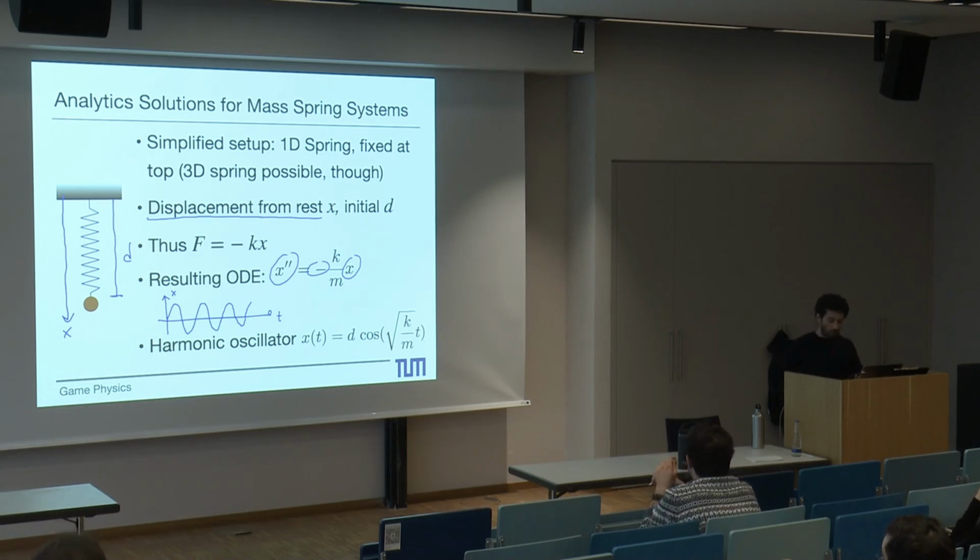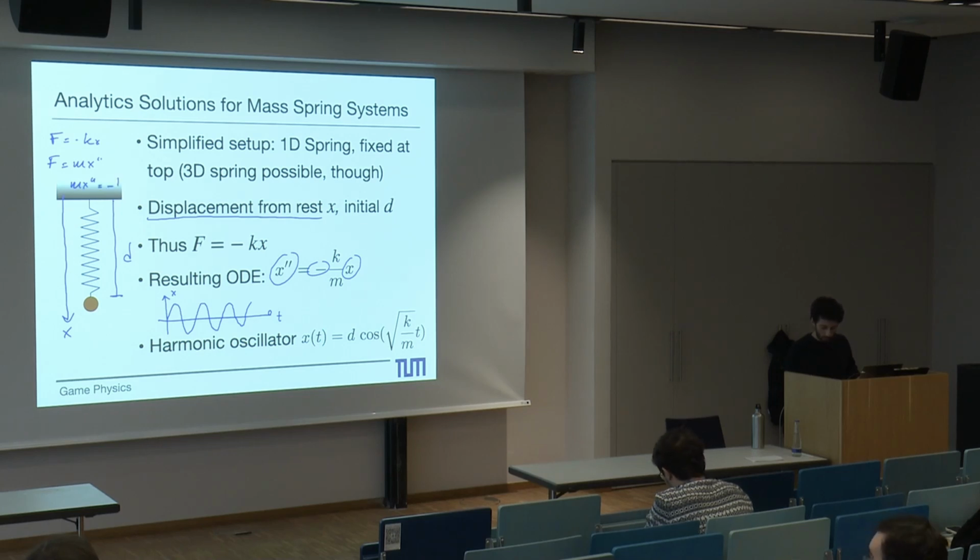The resulting ODE, we obtained it in the same way as we saw before from Newton's law. We know that our force is minus kx, and we also know that F is equal to m times the second derivative of x. If I put together these equations, I get that m times the second derivative of x is equal to minus kx, which by reordering the terms gives you the expression.